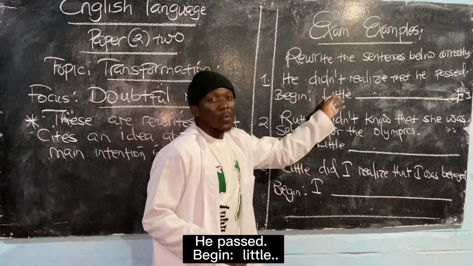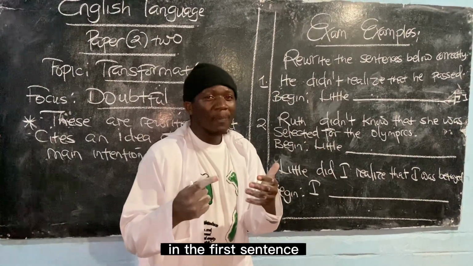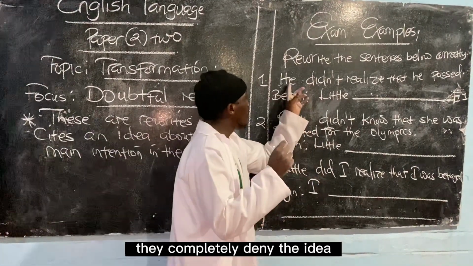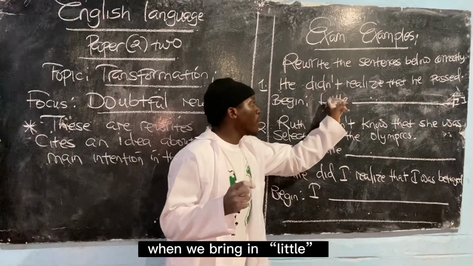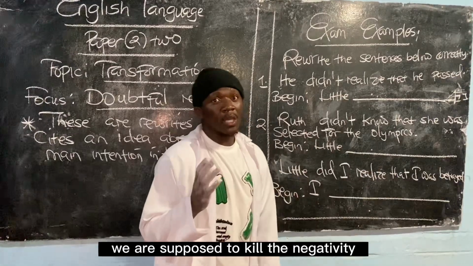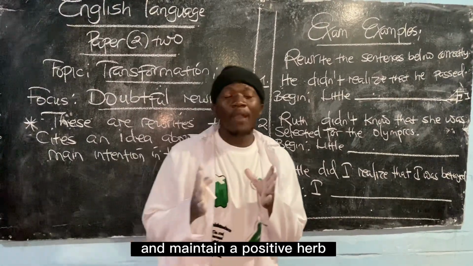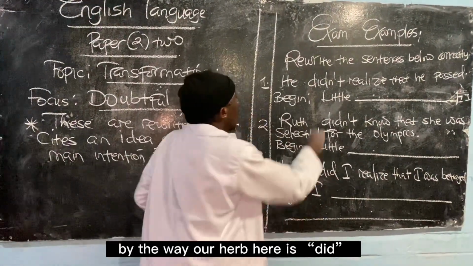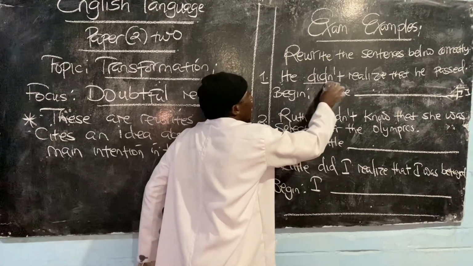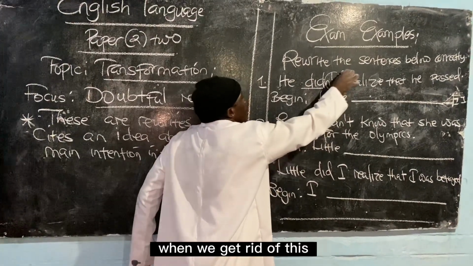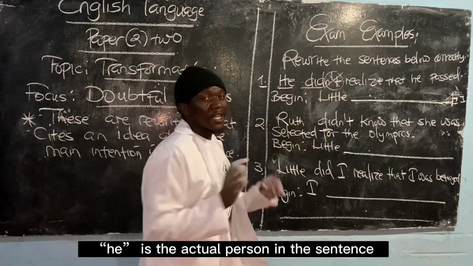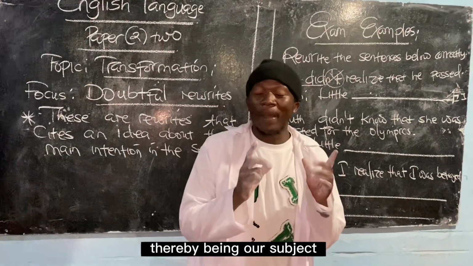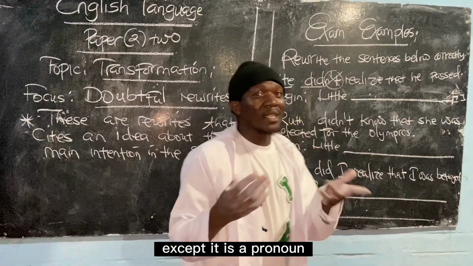Begin with "little did". When we bring in "little did", in the first sentence, they completely deny the idea by saying he didn't. When we bring in "little did", we're supposed to kill the negativity and maintain a positive verb. By the way, our verb here is "did" and the negativity is "not". When we get rid of this and remain with the verb, "he" is the actual person in the sentence, thereby being our subject, except it is a pronoun.